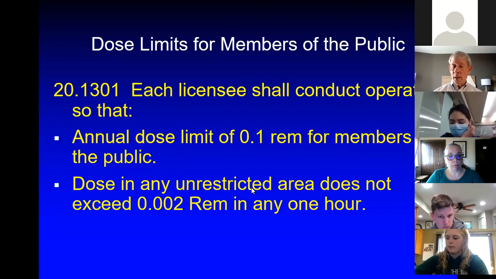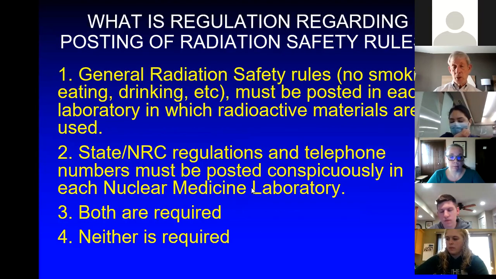Does that limit of 100 millirems include medical radiation? Yes or no? So the answer is it does not. Almost any scan that you have would blow that limit right out of the water. A CT scan would be several thousand millirems of local dose. So the limits are 2 mR in 1 hour and 0.1 rem or 100 millirems in 1 year.